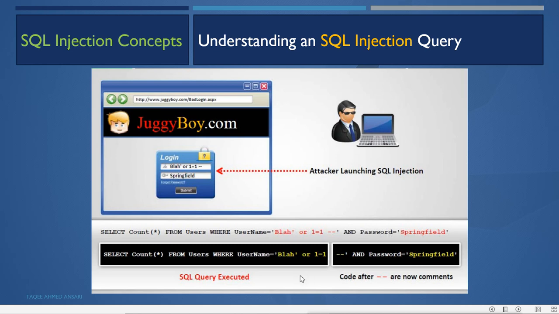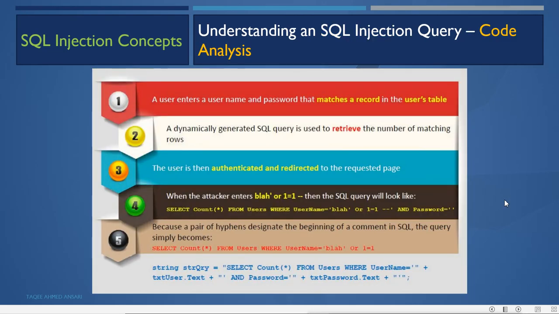Now what happens in the database server is that the SQL query will be executed, and after these two hyphens, the code is now a comment. That means it becomes a comment and will be ignored on the server. The database server, not the web application, feels that this is a comment, and after this double hyphen it will ignore all the characters. So you put anything there for the password, it will be ignored. Now what will this query do? It will do an unauthenticated login.